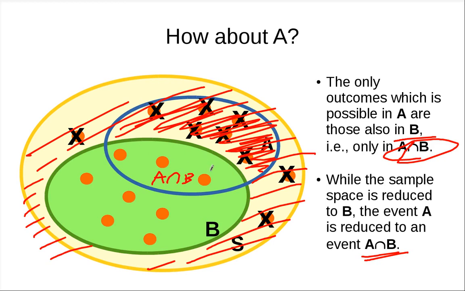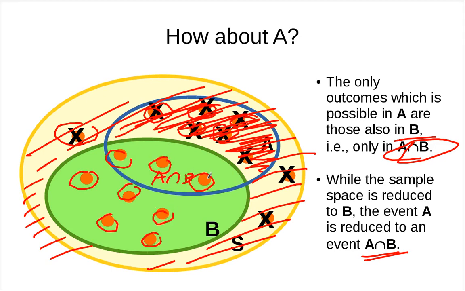Now, what's the probability of A given B? Instead of counting these points, they're not important anymore. So we only count points in set B. Okay, these are the only possibilities, right?